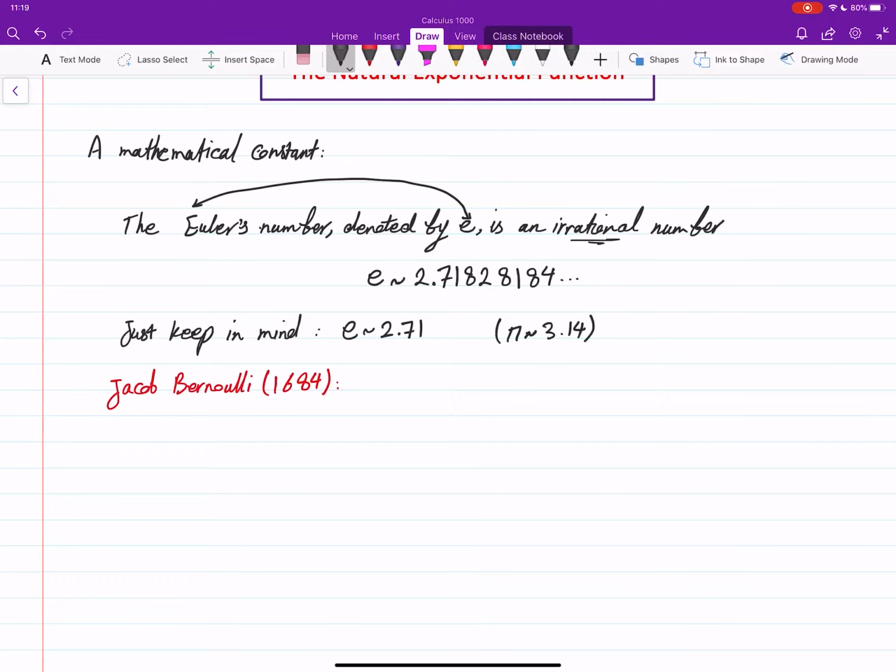But why was such a number important? Because it was all down to this problem. An account starts with $D and pays 100% per year.